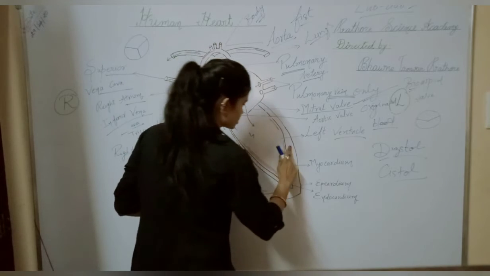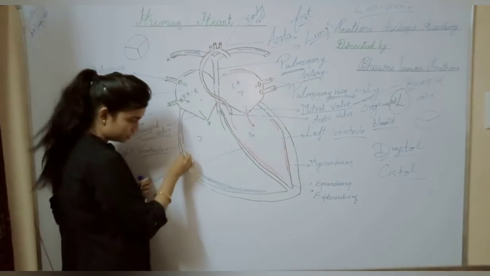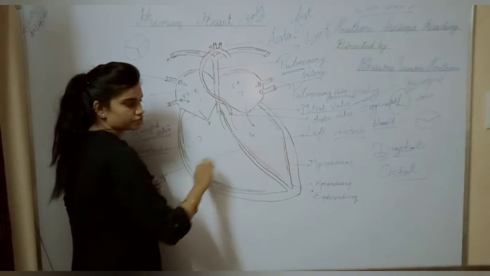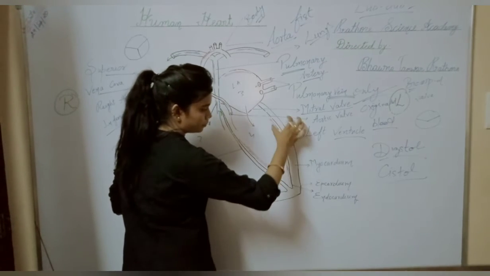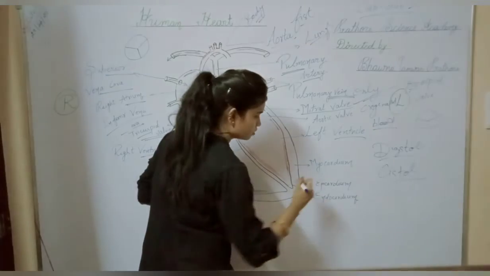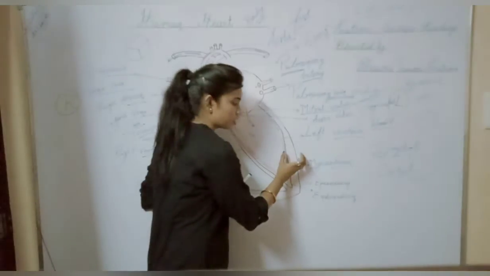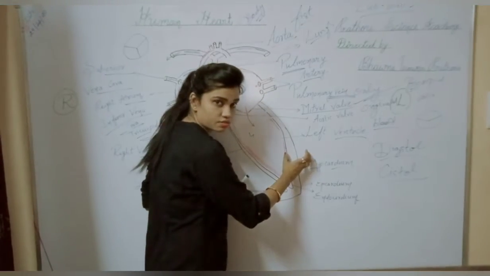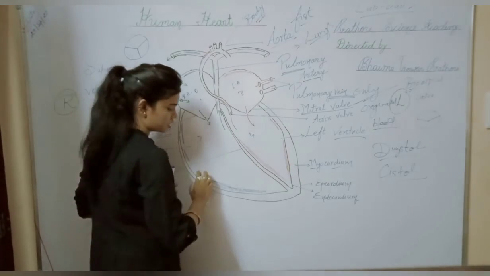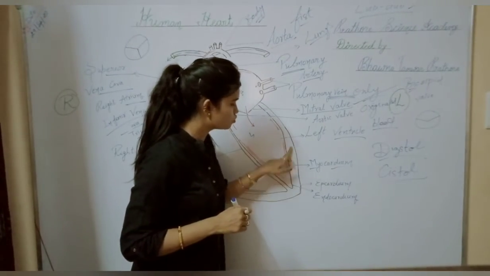If you can see, the size of these muscles and the size of these muscles have some difference. These muscles are known as myocardium. Myo means muscles, cardium means heart. The myocardium here is stronger and greater in size, but there it is less. Why is it so? Because here it has to work hard.